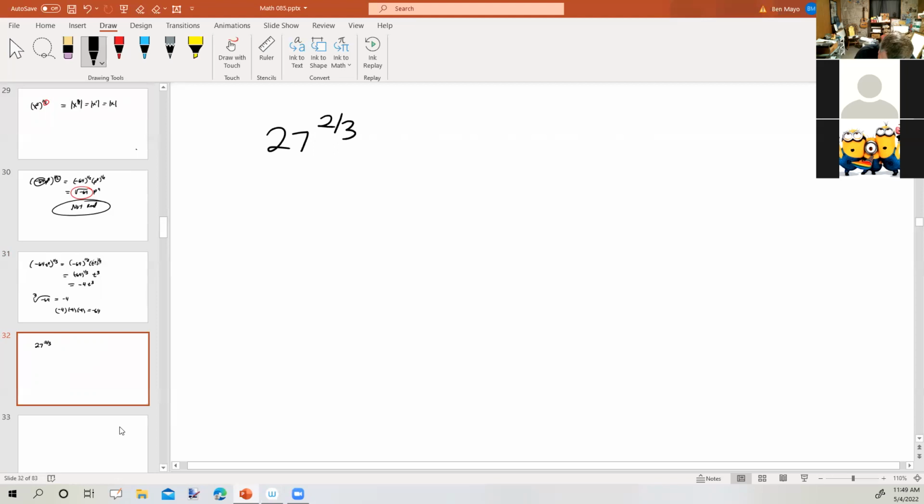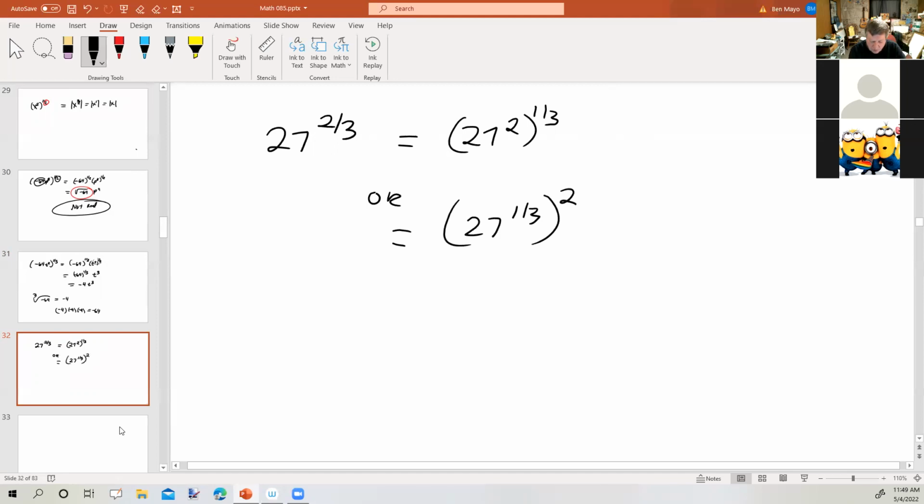So for instance, I could think of this as 27 squared to the 1/3 power, or 27 to the 1/3 power squared. In other words, I can take the power first and then the root, or I can take the root first and then the power, as long as both of those original quantities are real. So we're not taking an even root, excuse me, of a negative number.